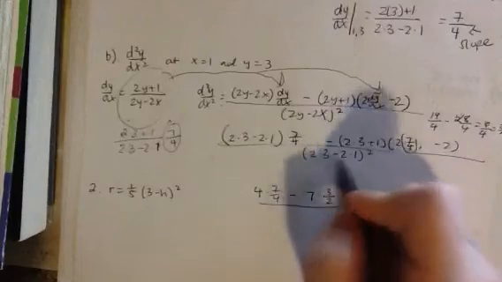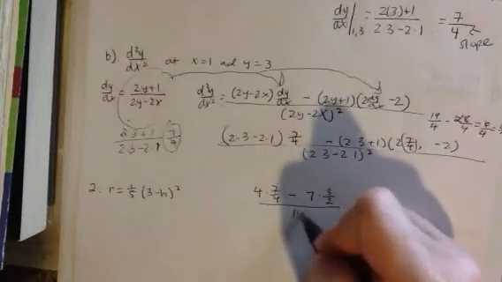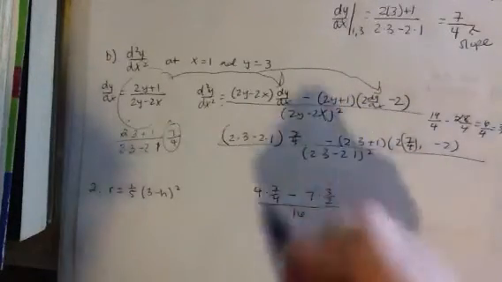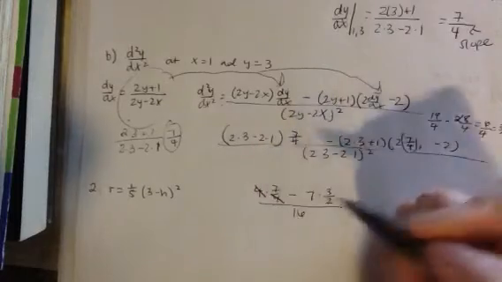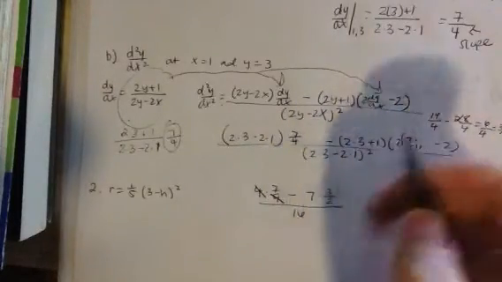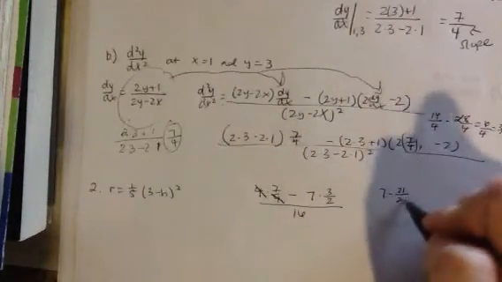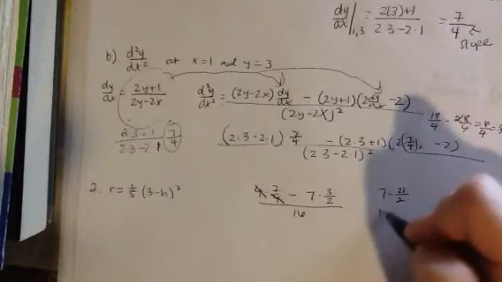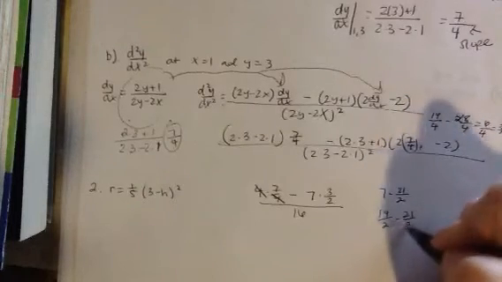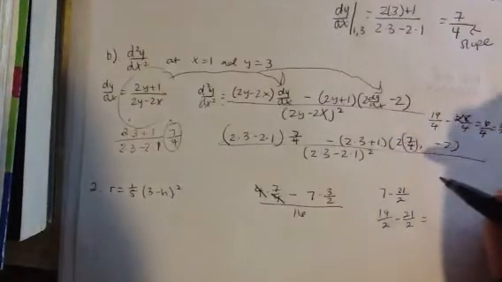Underneath, this is 6 minus 2, 4. 4 squared is 16. This is 7 minus 21 halves. Ooh, 14 halves minus 21 halves, which is, yay.